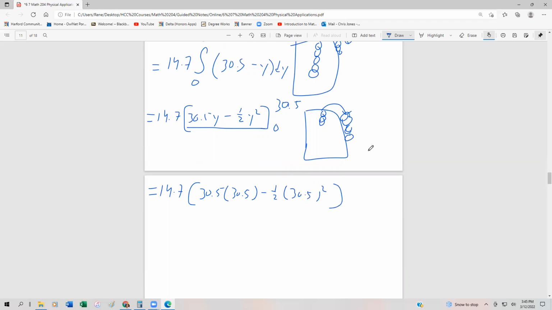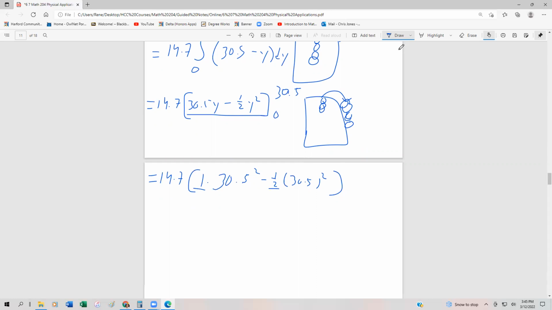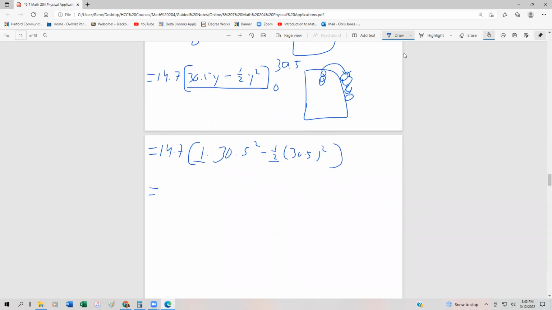If we want to do as much of this by hand as we can, we really have 30.5 squared minus half of 30.5 squared. So we really end up with 14.7 times 1/2 of 30.5 squared.